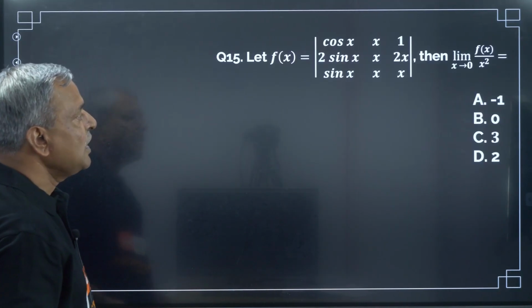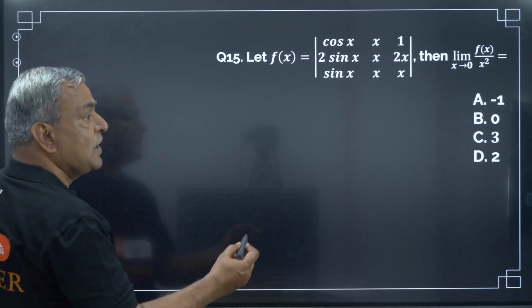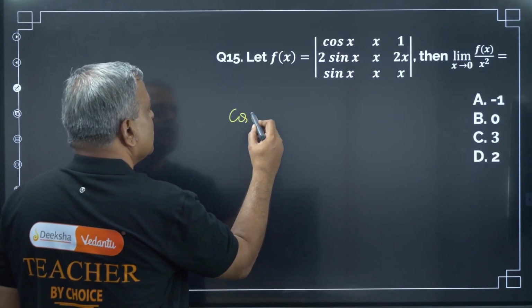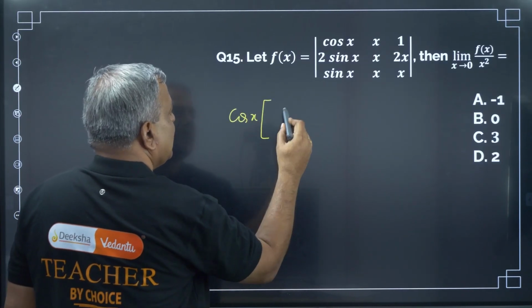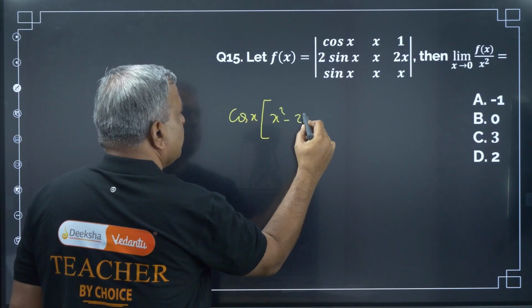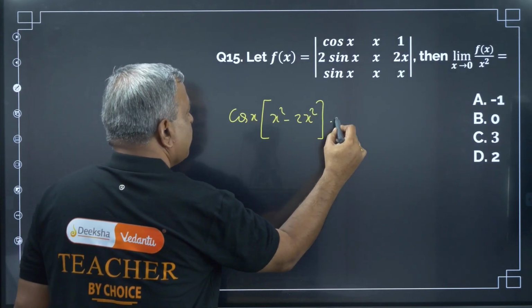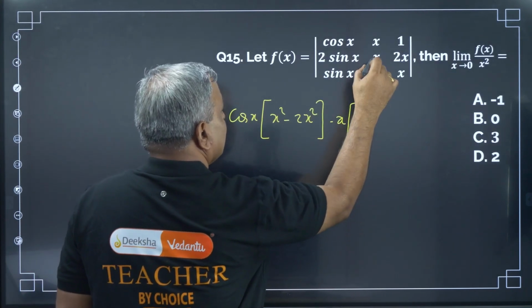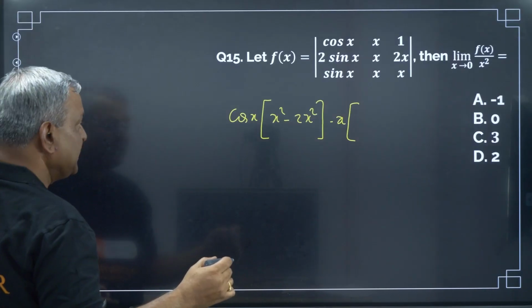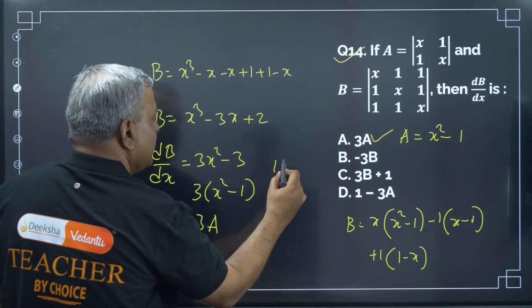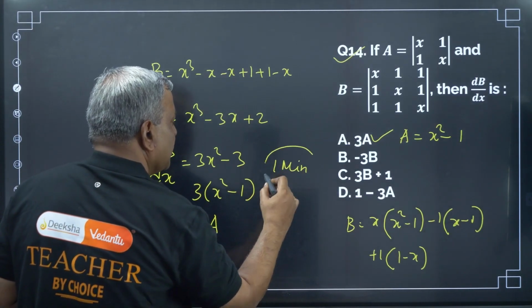Question number 15, f(x) by x square. You have to evaluate the determinant, cos x. If you evaluate, what happens? X square minus 2x square minus x into. So for the previous question I forgot to tell you, within 1 minute you can easily do it.